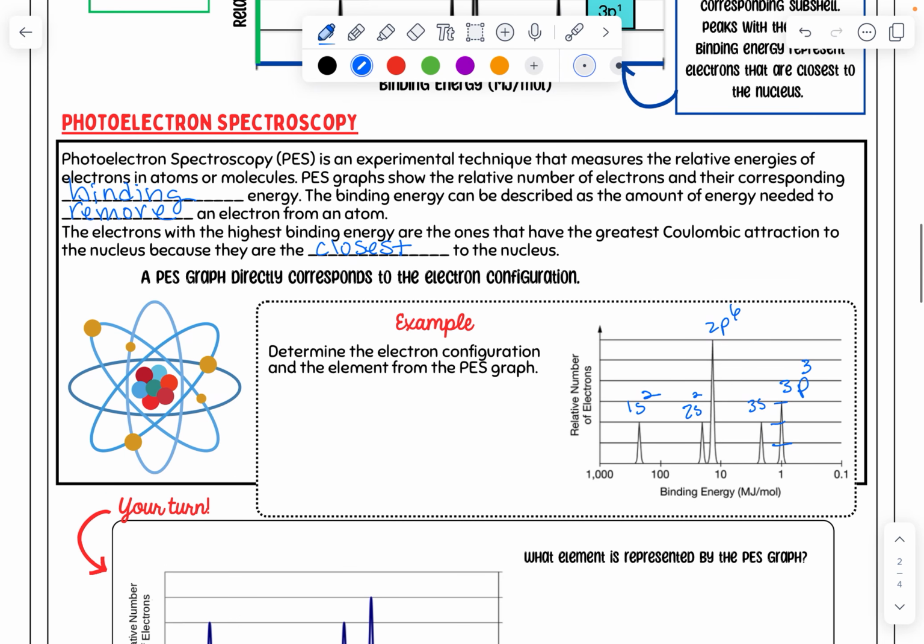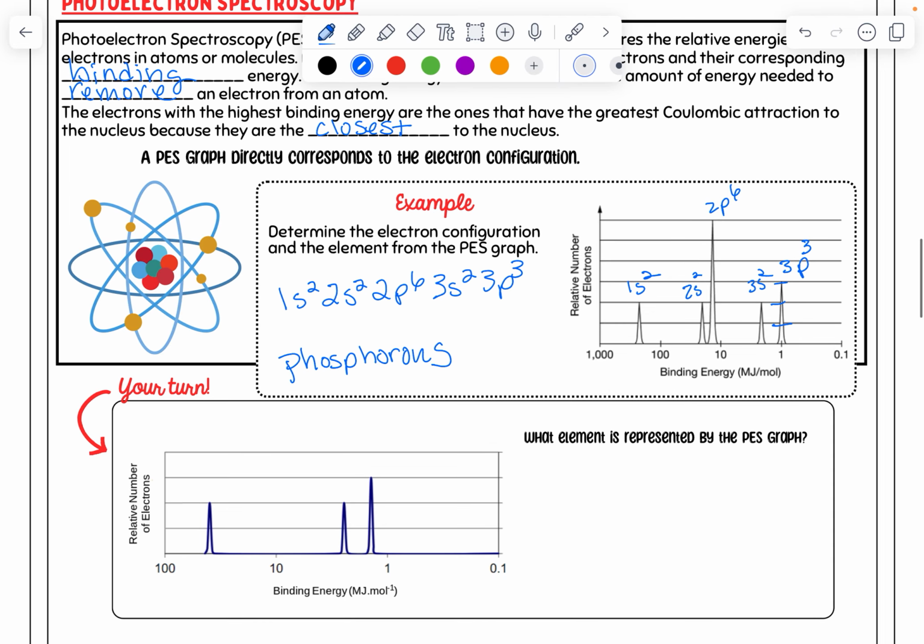So I'm identifying this as my phosphorus. And if I wanted to write it out, I'd write 1s2, 2s2, 2p6, 3s2, and 3p3. And that's how you read the graph.